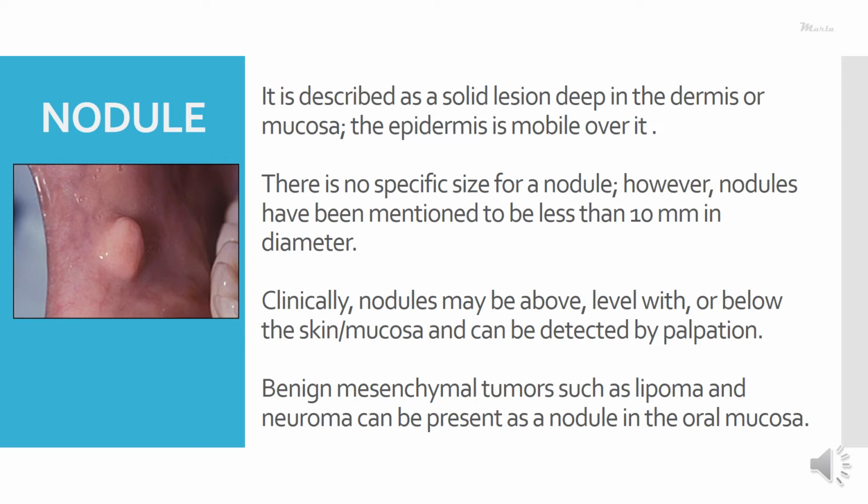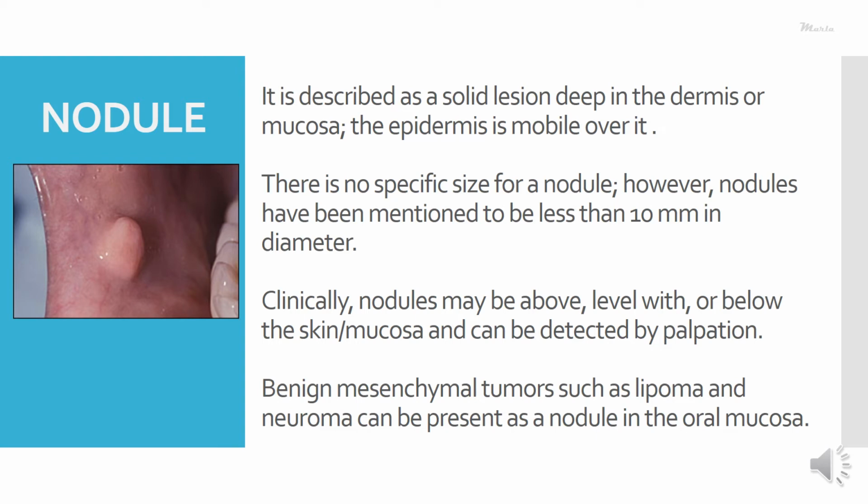Fixation is a property of a malignancy, and generally nodular lesions which are benign will not show such fixation and will be mobile. Overall there is no specific size for the nodule, but most of the nodules which we encounter in our routine practice will be less than 1 centimeter or 10 millimeters in diameter.